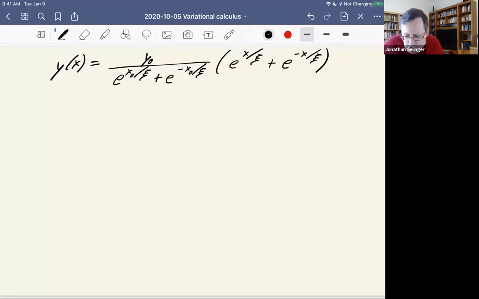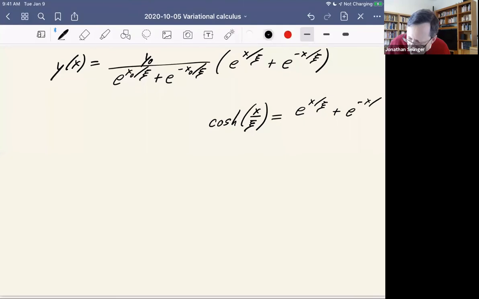If you remember your hyperbolic functions, then there could be a shorter way to write this. If you remember that the hyperbolic cosine, which is written as C-O-S-H and pronounced cosh, is e to the x over ξ plus e to the minus x over ξ divided by 2.